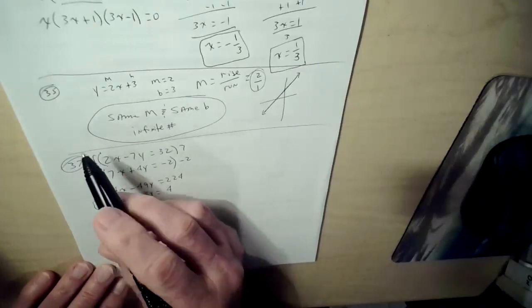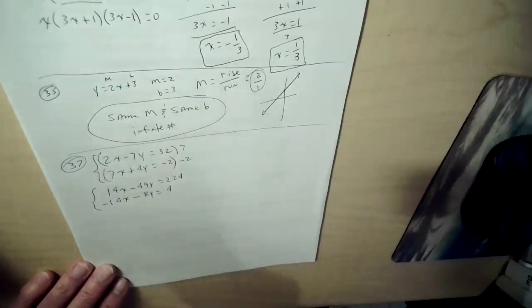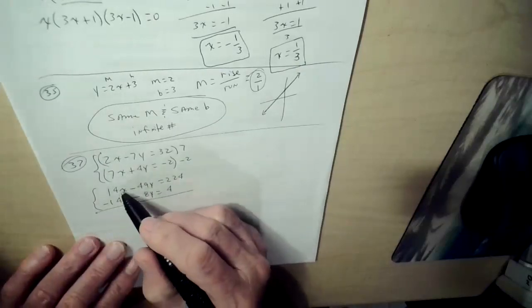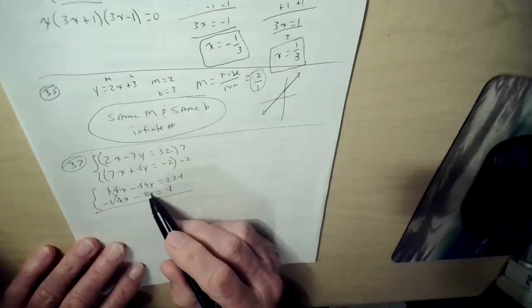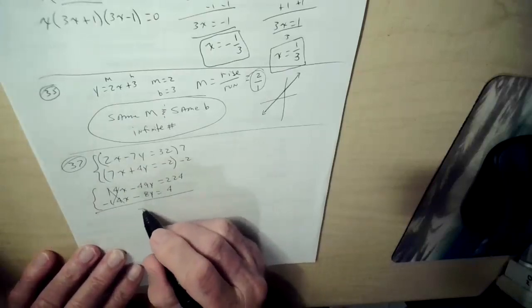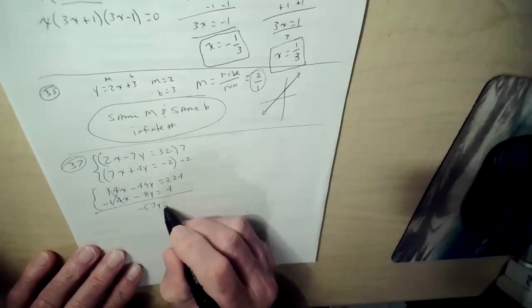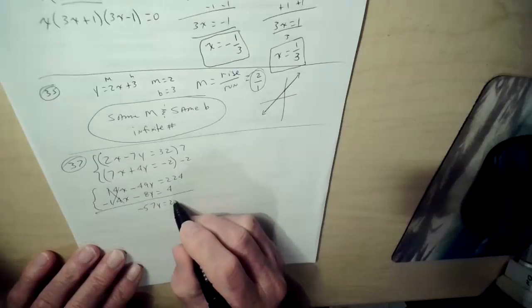Negative 2 times 7 is 14. Negative 2 times 4 is negative 4 equals 4. Now remember, this bunch of equations and this are the same. They just look different. Now we're going to add these together. 14x minus 14x is 0. It's gone. It's eliminated. Now we end up with this.